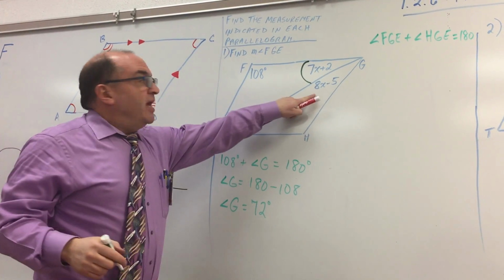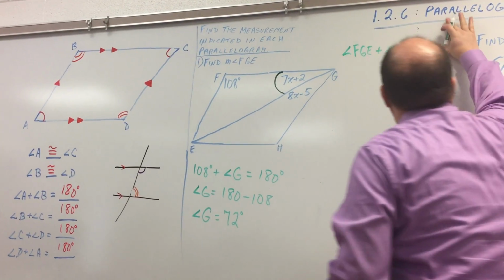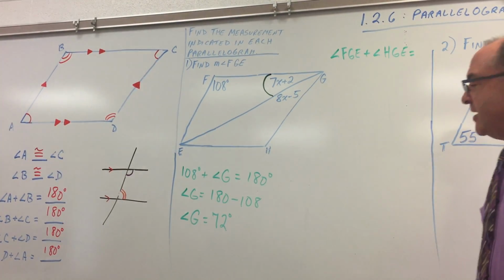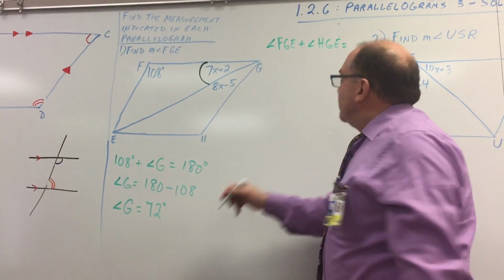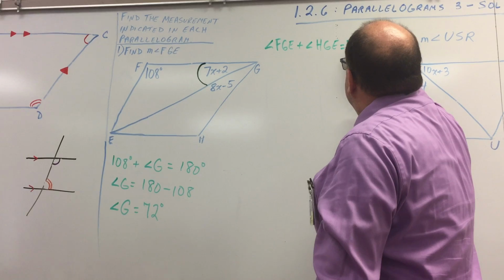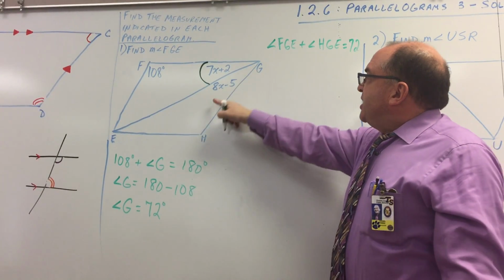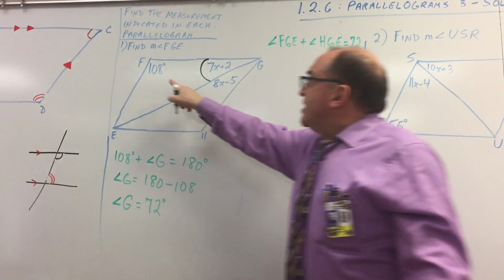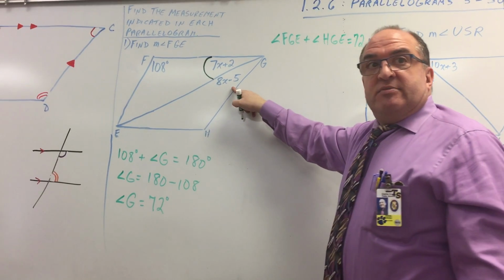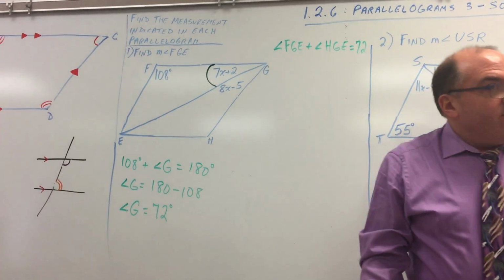This angle plus this angle, nope, not 180. First mistake I've ever made. It's not 180. What is it? 72, right? Angle FGE plus angle HGE, these two angles add up to 72. Why? Because this plus this makes 180. So this is 72. Is everyone okay with that?